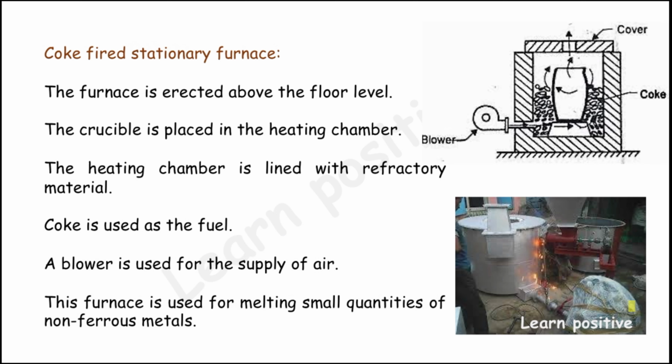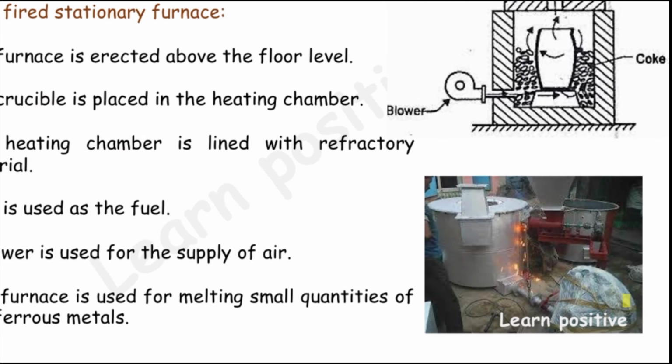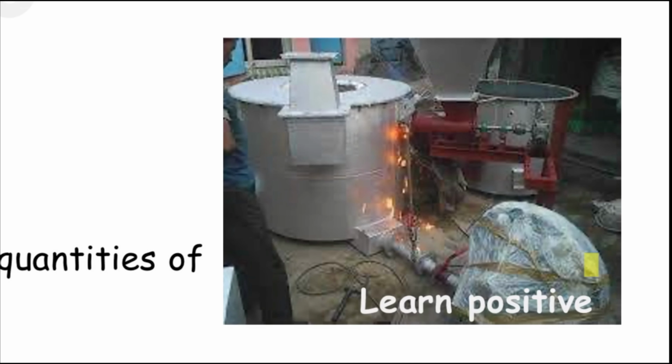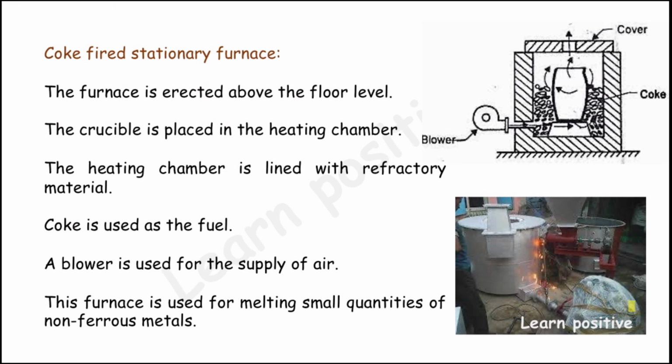After the metal is melted, the cover is opened, the crucible is taken out and poured at the wanted place. You can see the image here. There is a blower connected to the bottom of the furnace, which blows the air inside the furnace.